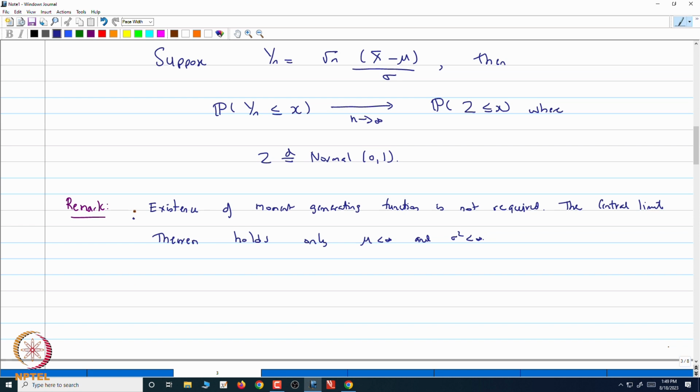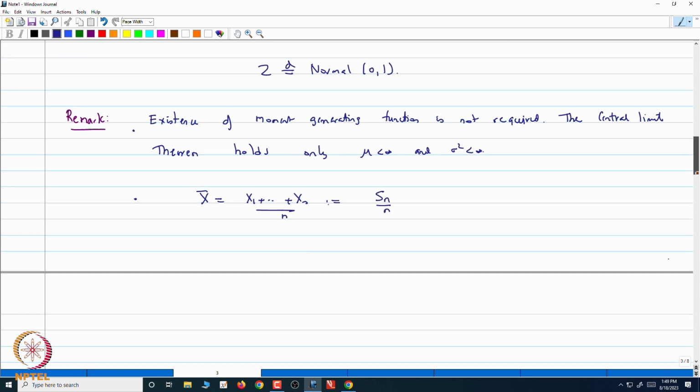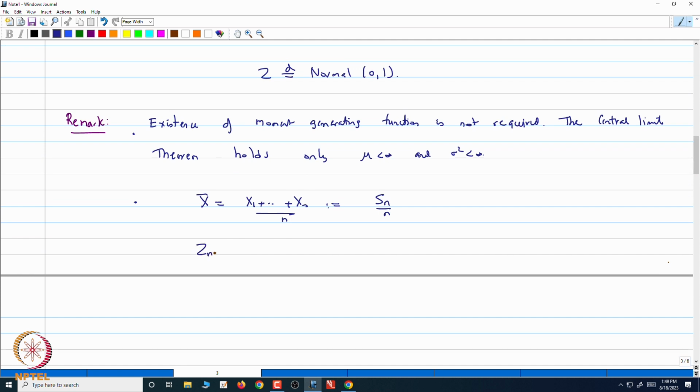The second remark is that there's an equivalent formulation. That is, you look at Xn bar, right? X bar is just (X1 plus X2 plus ... plus Xn) by n. Suppose I call the numerator Sn, so I call it Sn by n, where Sn is just the sum of the random variables. Then one can phrase the following. So Yn in terms of Sn, what does it look like?